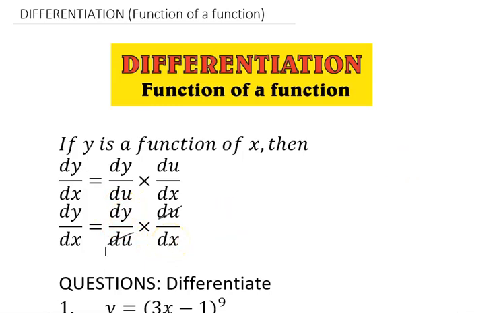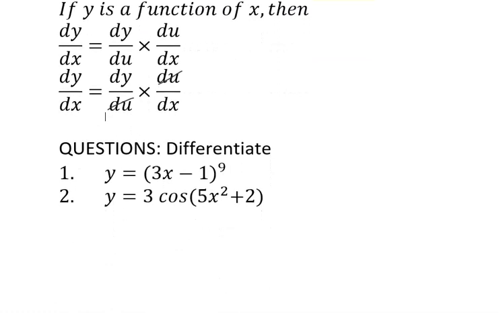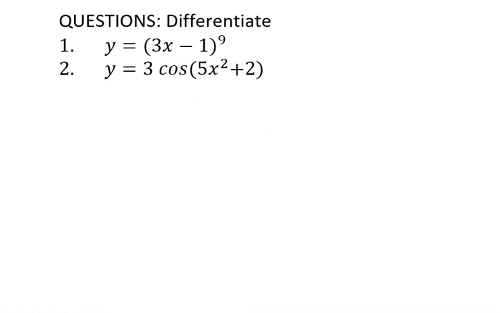So let's see the usage of this formula with the questions that we have here. We have to differentiate. Number one, y equals (3x minus 1) raised to power 9. Second one, y equals 3 cos 5x squared, open bracket, 5x squared plus 2, close the bracket.